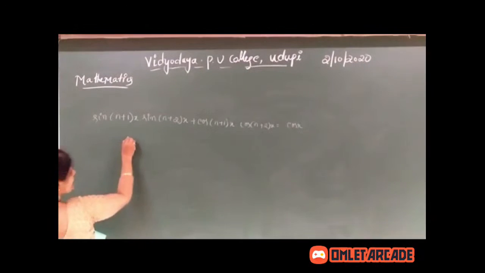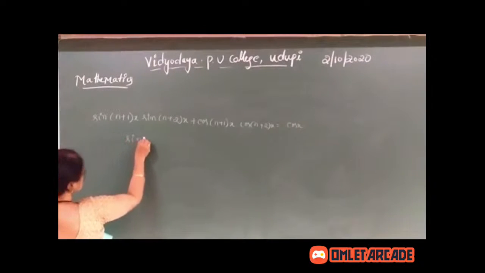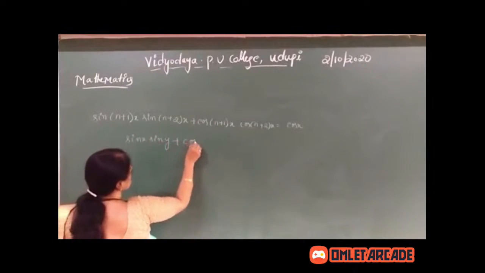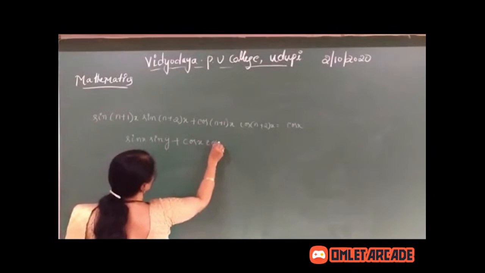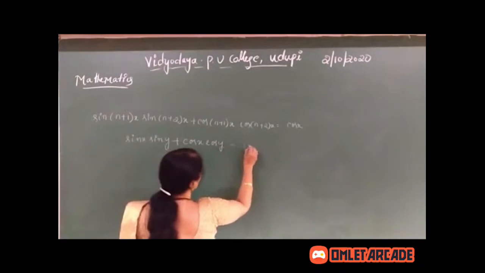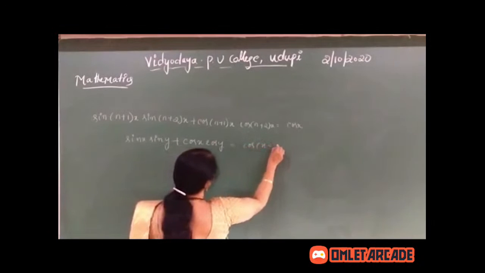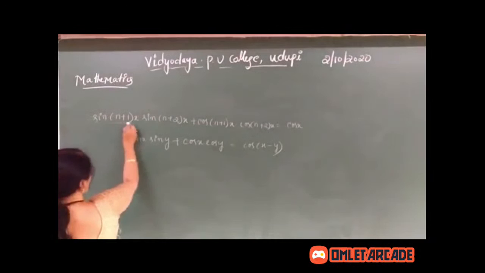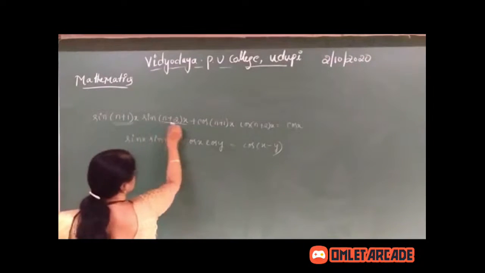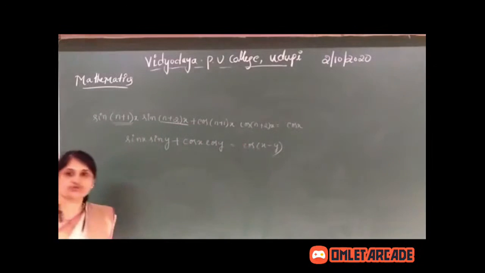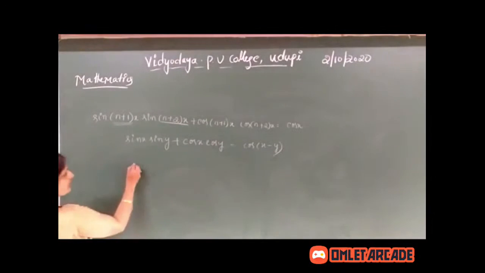See, now this is in the standard form: sin x into sin y plus cos x into cos y. Right? This standard result is cos of x minus y. Now x is this thing and this is y. So this expression directly we substitute in cos of x minus y.